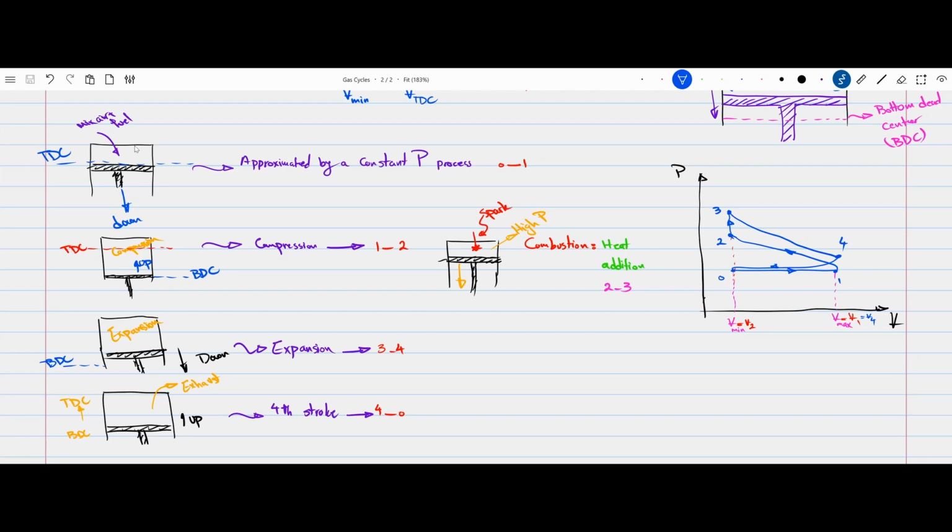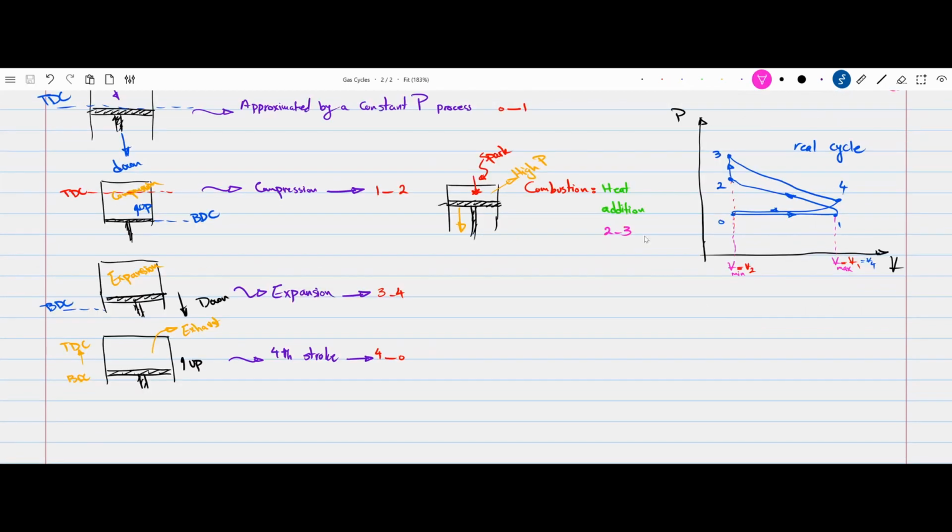So these are the 4 strokes, and this diagram here is the practical or real cycle that the air goes through. Now, through the analysis of 4 strokes of an internal combustion engine, we were able to come up with the real cycle PV diagram. But we are far from an ideal cycle here.